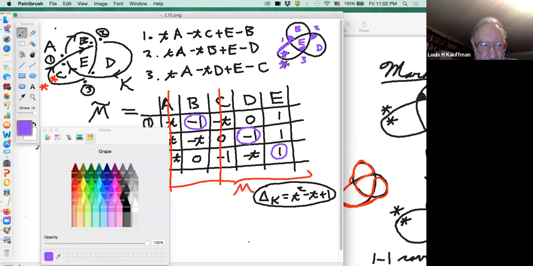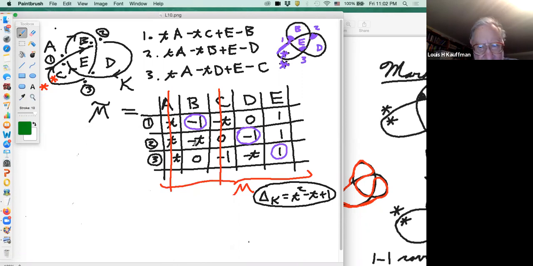Let's do another one, another term from the determinant. I'll use green. Let's take a different term from the determinant. Say we take this one, this, and that.